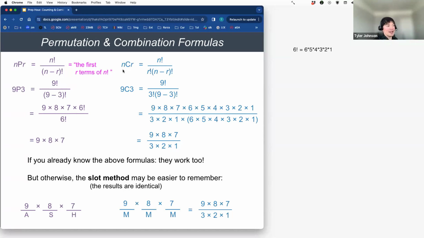Similarly, for combinations n choose r, rather than this whole formula here, I like to think of it as the first r terms of n factorial divided by r factorial. So 9 choose 3, I'm taking the first 3 members of 9 factorial, and then I divide it by r factorial. And for me, I just find that that cleans up this long cancellation step and gets me to the answer a little bit faster.